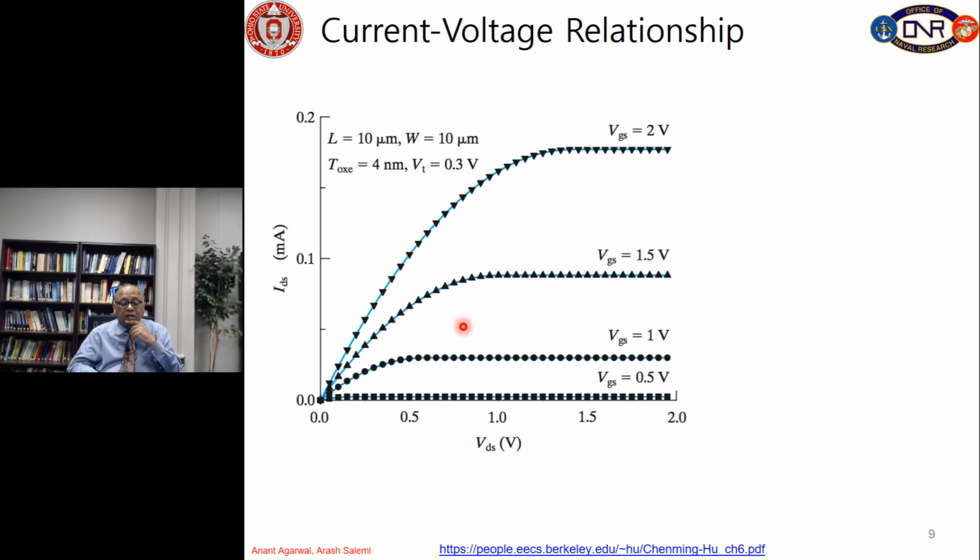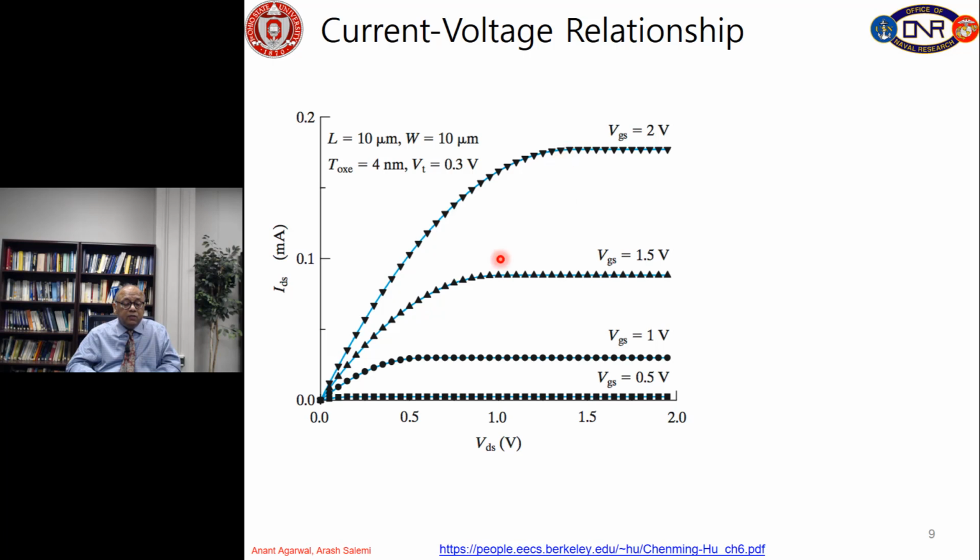You can see that for gate voltage greater than threshold voltage of 0.3 volts, in this case 0.5 volt, we can see a little bit of drain current. At gate voltage of 1 volt, we can see that current starts flowing, and as we increase the gate voltage, more and more current starts flowing.